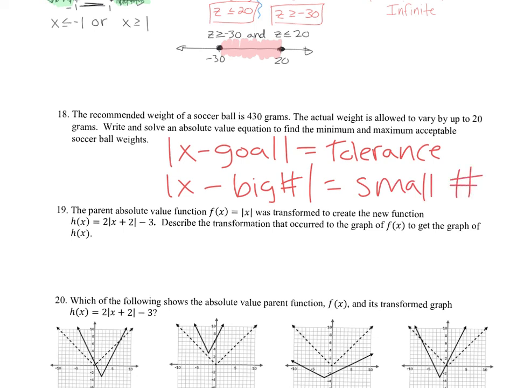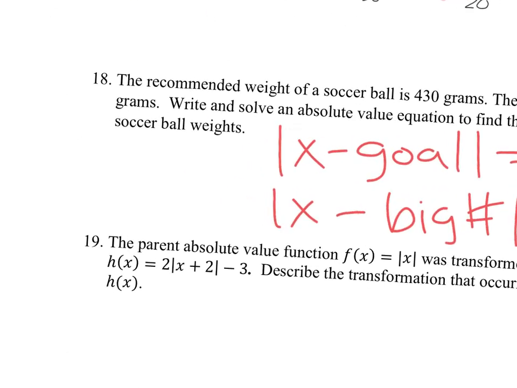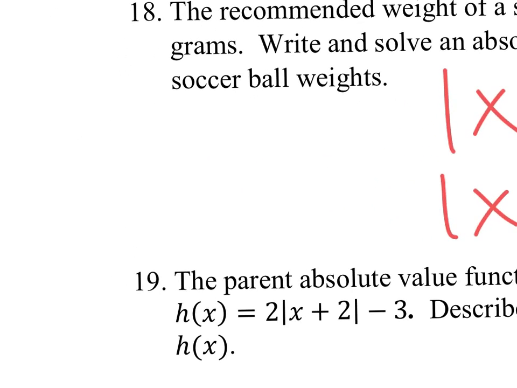So in this scenario right here, the recommended weight of the soccer ball is 430 grams. The actual weight allowed to vary is up to 20 grams. Okay? So when looking at this right here, for lack of space, I will write it right here. I have myself a x minus 430 because that is what is permitted. That's our goal. Is going to be equal to the 20. Now that's what it's allowed to vary up to. That's the tolerance, what we're willing to tolerate.